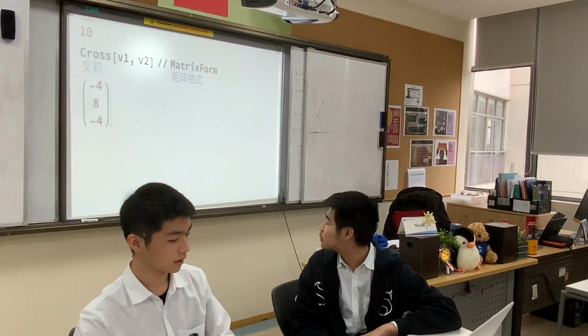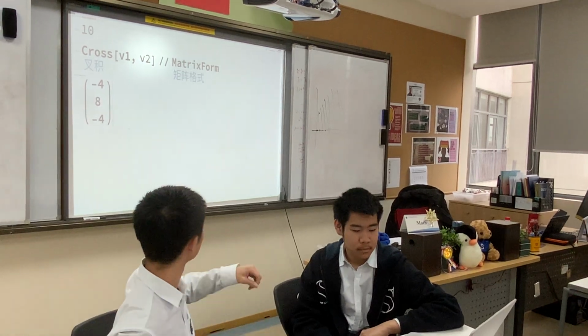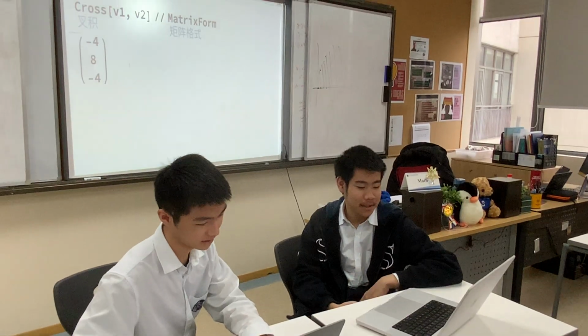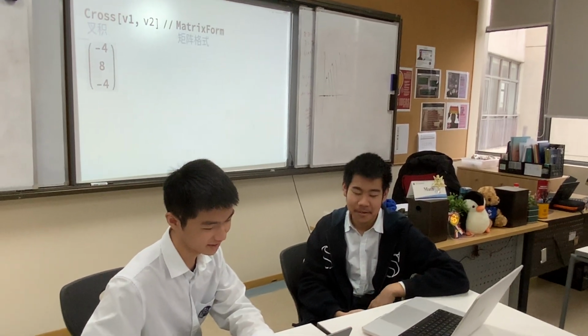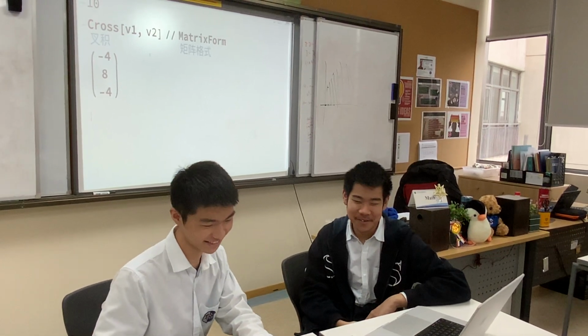Here is -4, 8, and -4, which we can do. We can test it by cross by hand as well. No need to do it by hand when we have a powerful calculator.